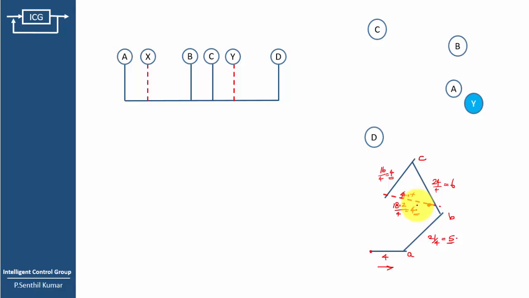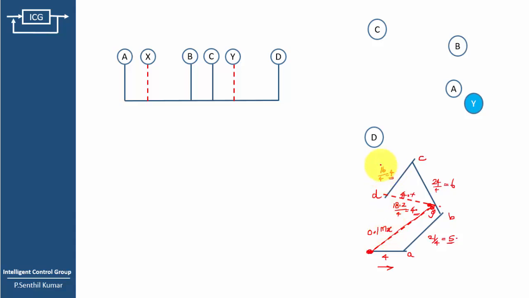Now connect this line, measure the point, this is D and this is Y. Now you connect this point, so this line represents 0.1 mx.